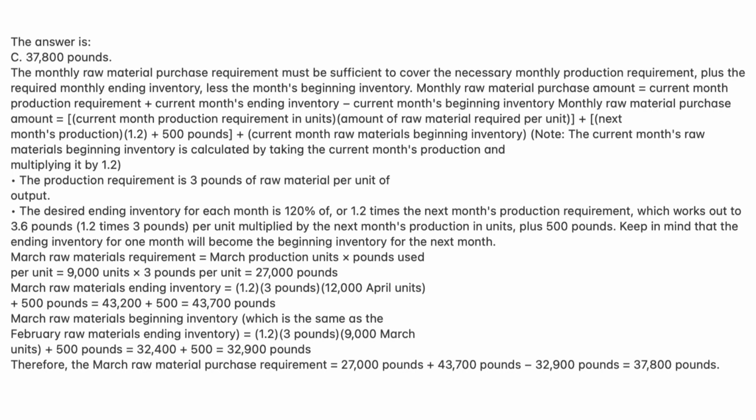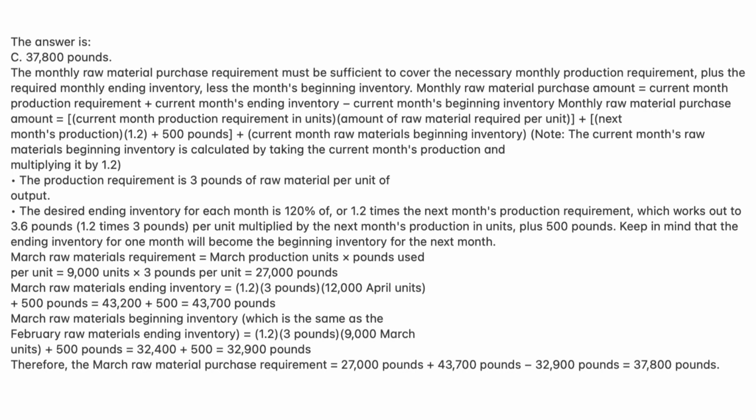March raw materials requirement equals March production units times pounds used per unit, which equals 9,000 units times 3 pounds per unit, equals 27,000 pounds. March raw materials ending inventory equals 1.2 times 3 pounds times 12,000 April units, plus 500 pounds, equals 43,200 plus 500, which is 43,700 pounds.